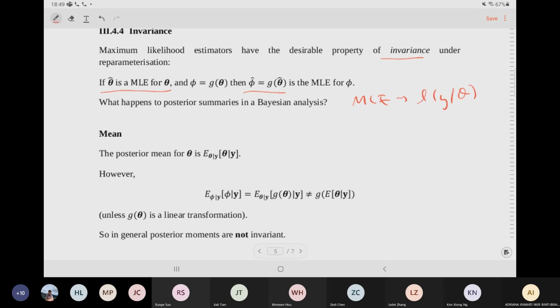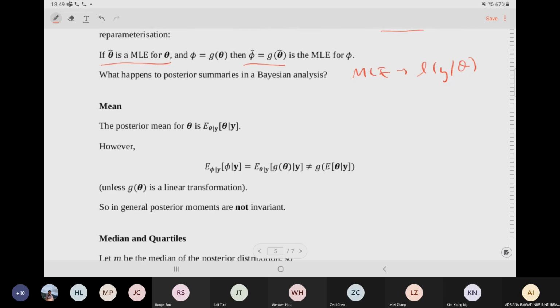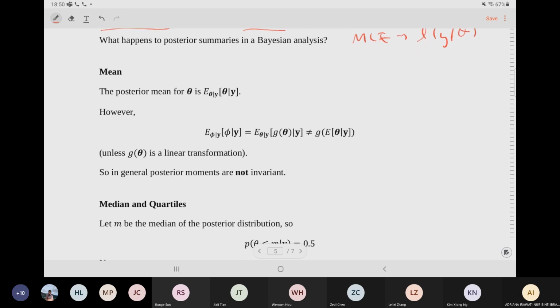But what about the posterior summaries? Because now we have a posterior distribution, right? So we want to use the posterior distribution to find the summaries, like the mean, median, variance, and so on. So what happened to that for Bayesian? Okay, so if you look at the posterior mean, which is the expectation of theta given y, however, in general, the posterior moments are not invariant, right?